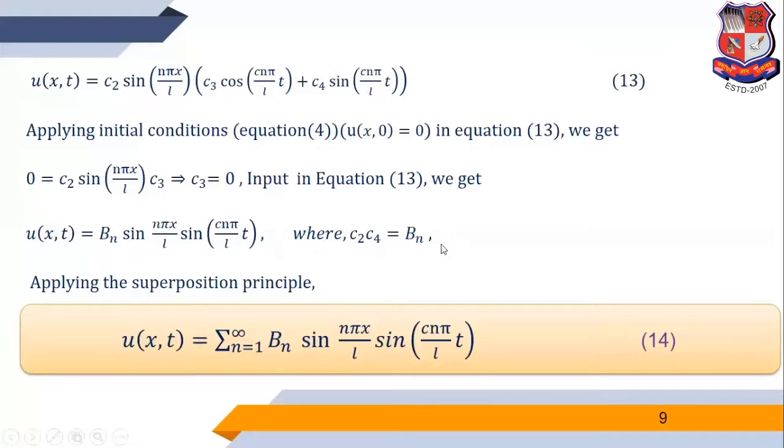So applying the superposition principle, we get u(x,t) is equal to summation n is 1 to infinity Bn sin(n pi x by L) sin(C n pi by L into t), which is equation number 14.